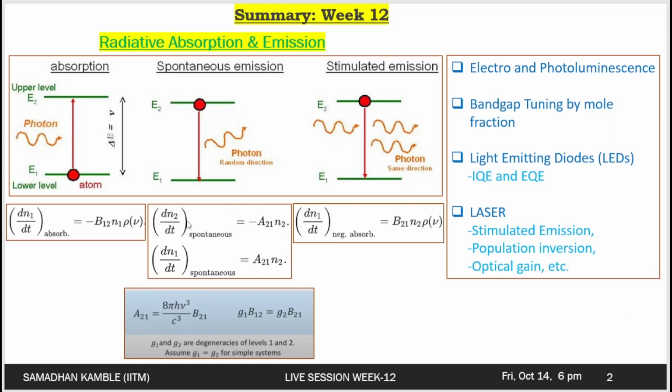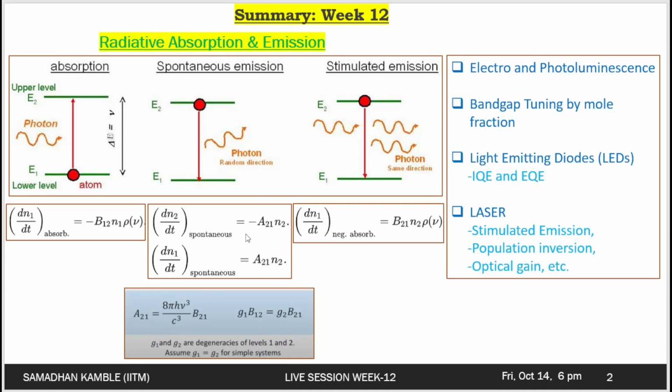So you can see that the rate of decrease of electrons in the higher state, n2, for the number of electrons in the state E2, is given by this particular relation where A21 is again the Einstein coefficient for spontaneous emission.